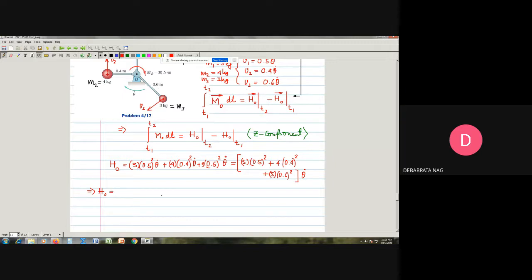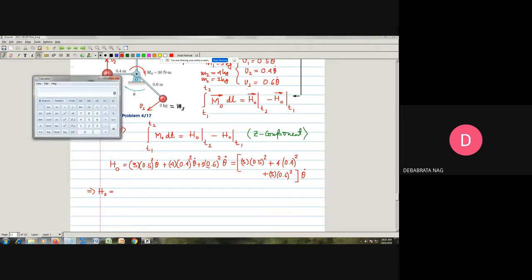So that is equal to 3 into 0.5 square plus 4 into 0.4 square plus 3 into 0.6 square, and the result turns out to be 2.47.